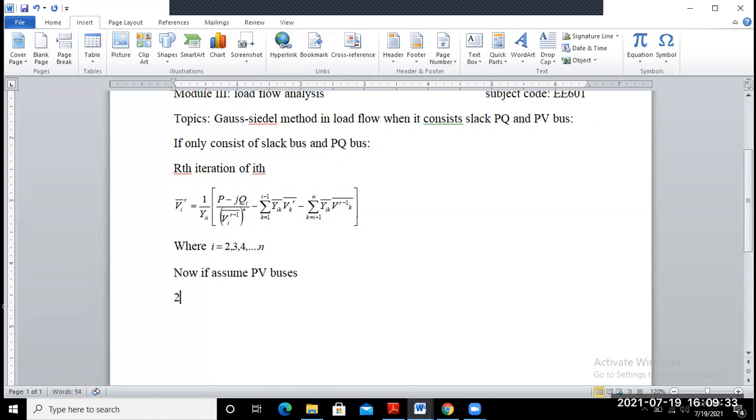So 2 to m consist of PQ buses, and from m plus 1 to n consist of PV buses.